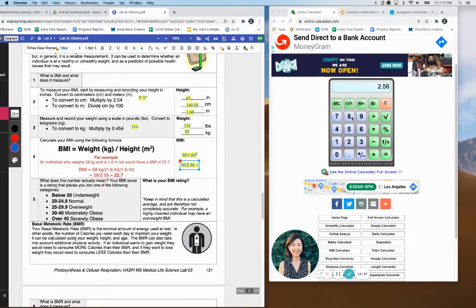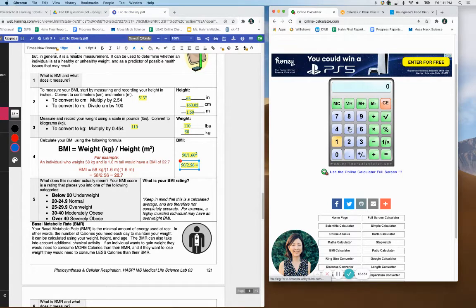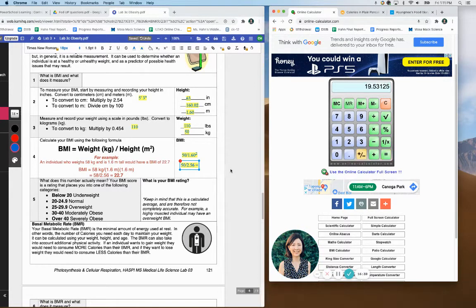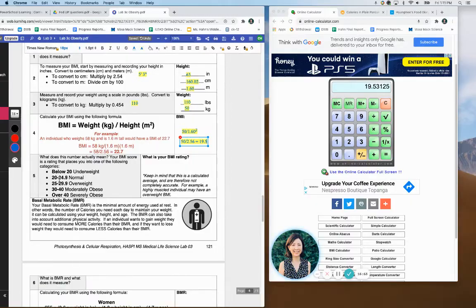Okay, and let's see what that gives me. 50 divided by 2.56 is 19.53, which I'll say is 19.5. So that is my BMI. 19.5, according to here, I'm just a little underweight. This is a made-up height and weight.